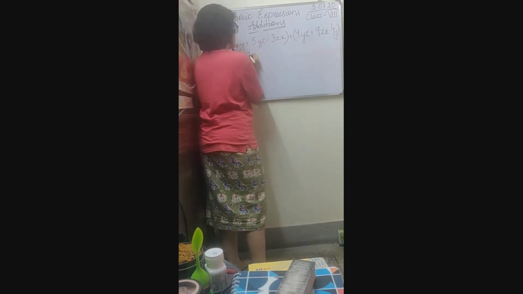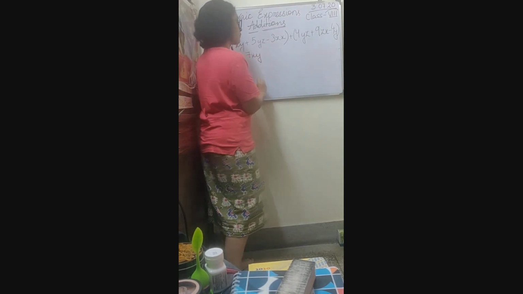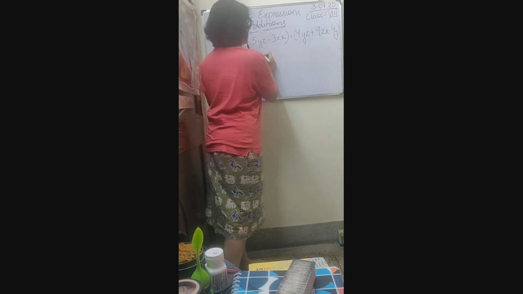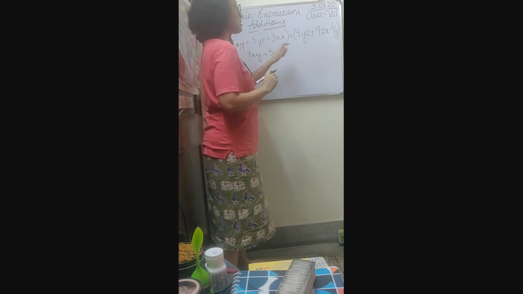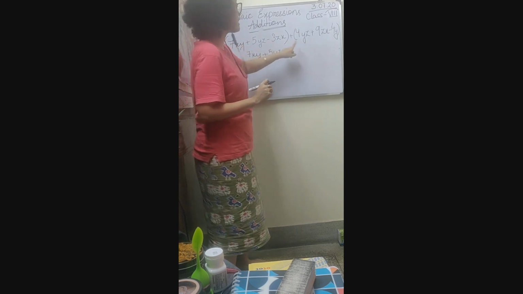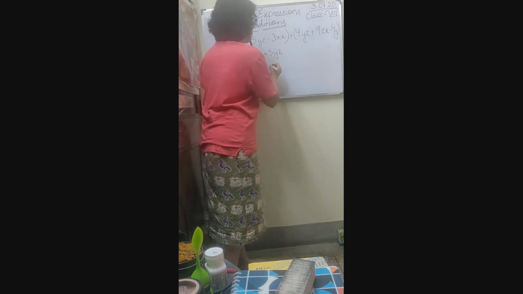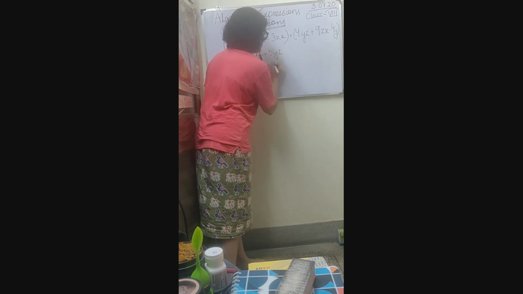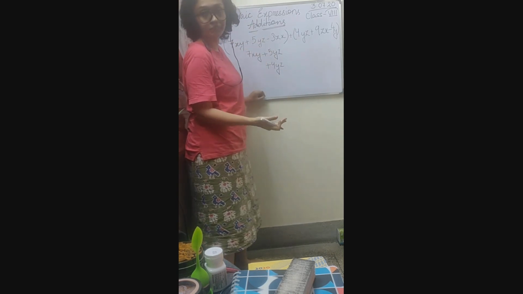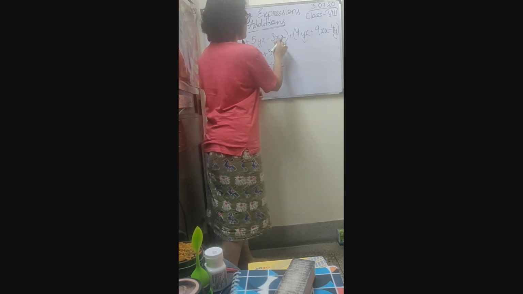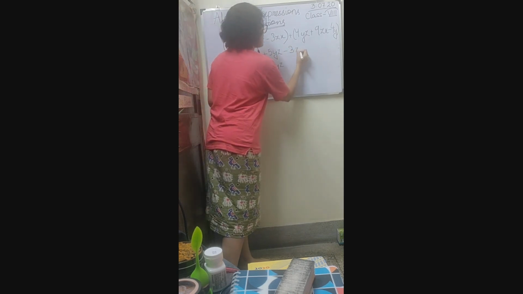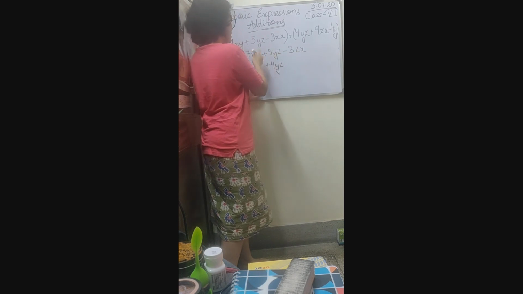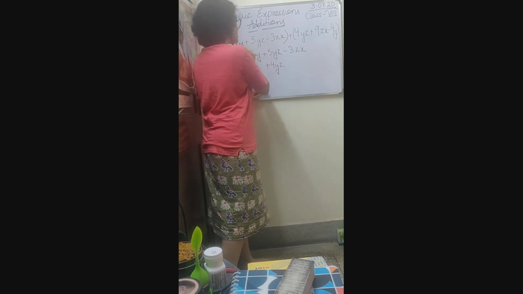We write down 7xy. Okay. Then we write down 5yz. As this 4yz is a like term to this, and only like terms can be written one below the other, we do that here. Then we write down minus 3zx. So this first line is my first expression complete.